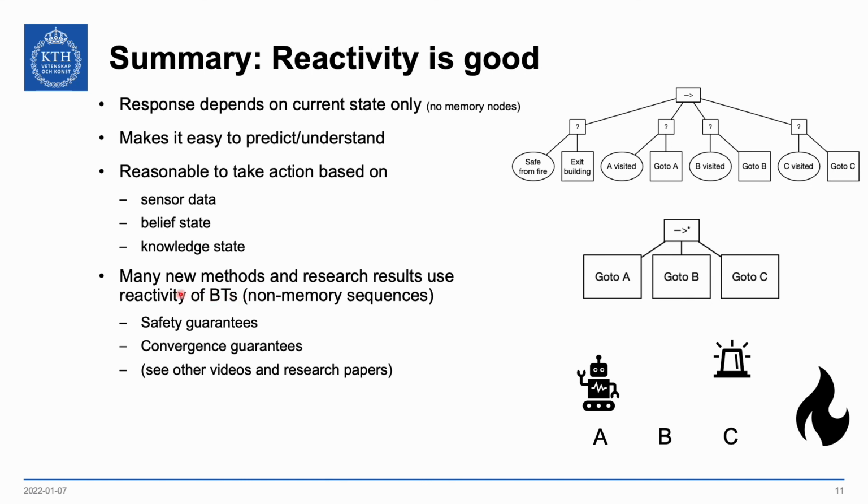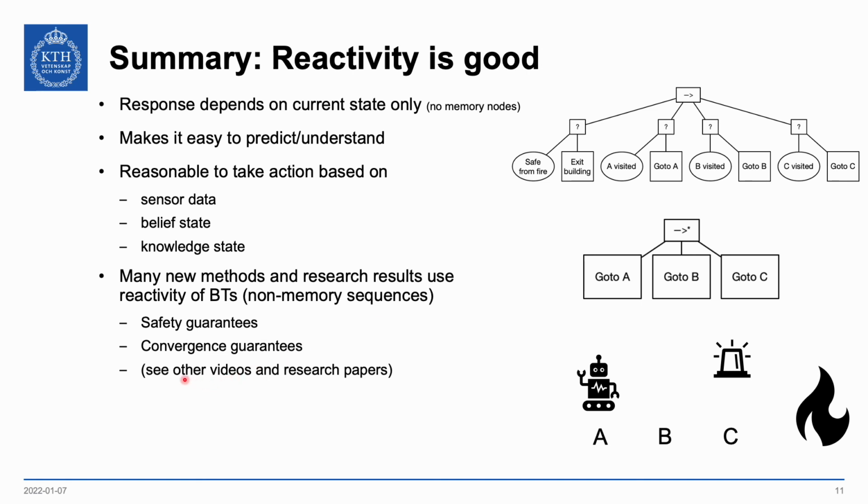There are many new methods and research results that use the reactivity of behavior trees, and the non-memory sequences are crucial for taking advantage of this. Research results regarding safety guarantees, convergence guarantees, and so on use this. So it's important to have them in your toolset.